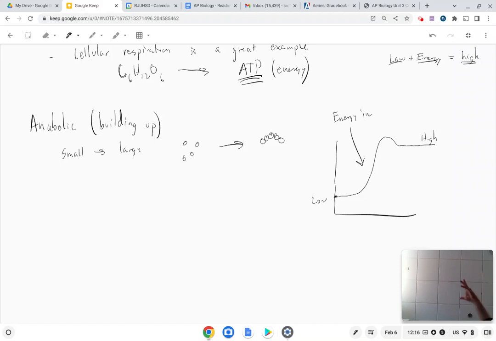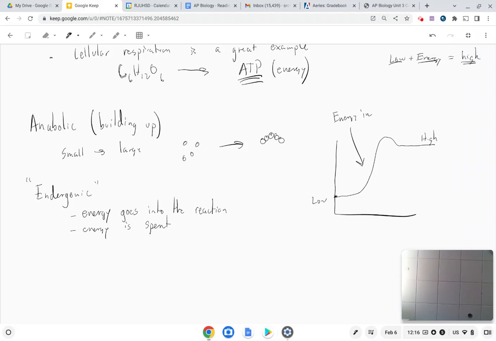That energy helps build up the molecules. Okay, so we got endergonic. So instead of exergonic, it's endergonic, which means energy in. Goes into the reaction. Or you could say energy is spent in order to build up the molecule.